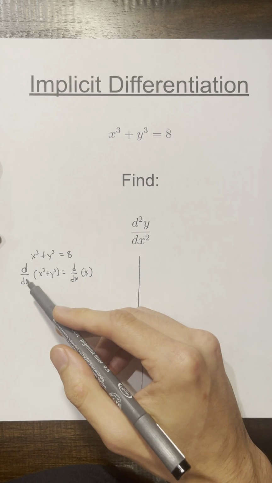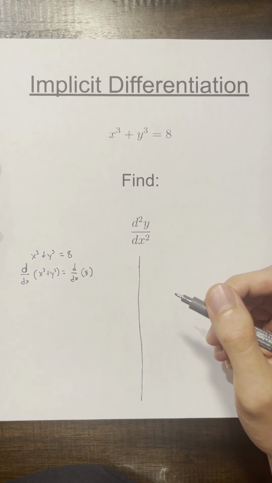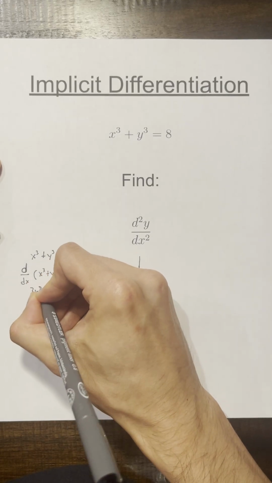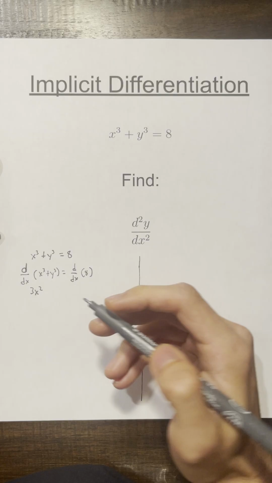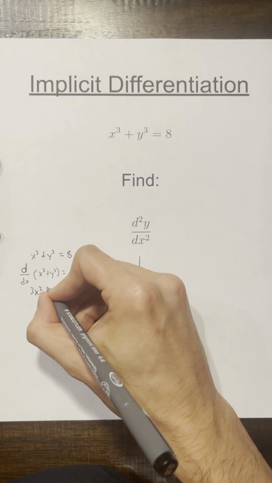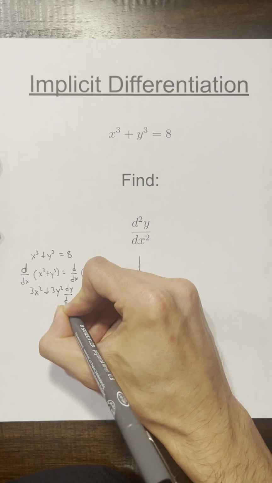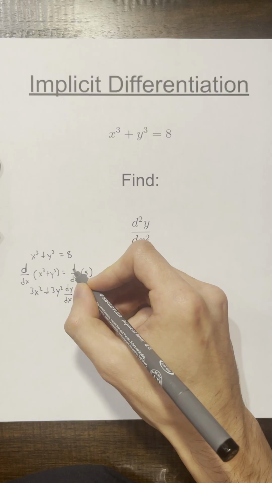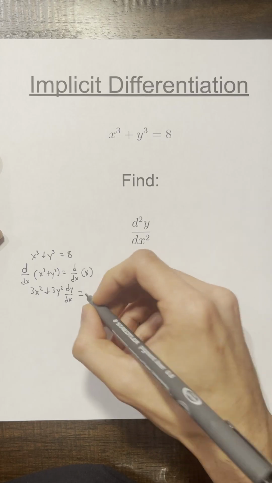Now, what's d dx of x cubed? It's going to be 3x squared. And what's d dx of y cubed? It's going to be 3y squared dy dx. Okay, and what's d dx of 8? 0.